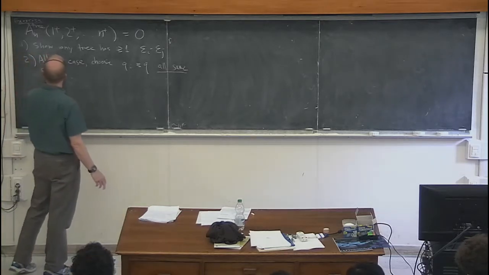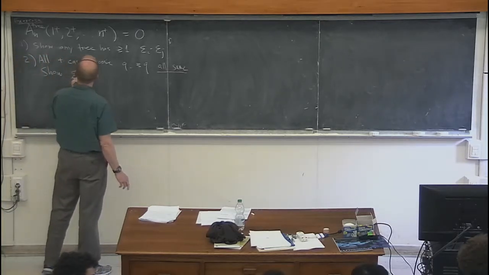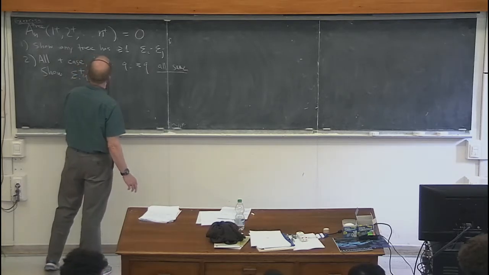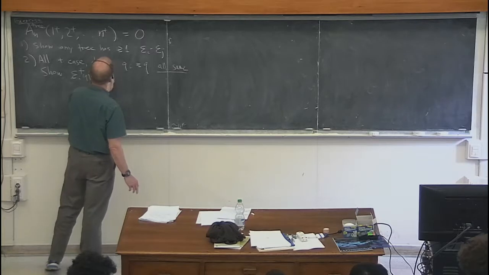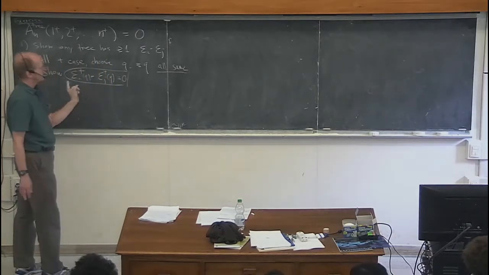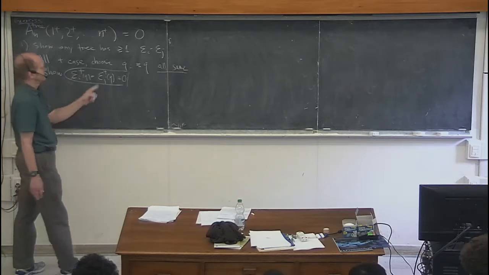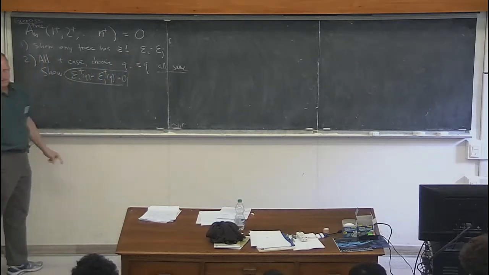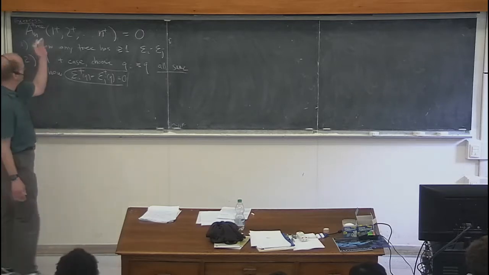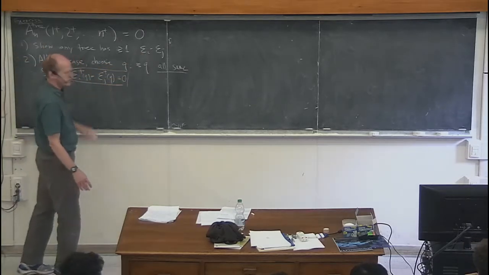And then show that epsilon i plus with that same spinor q dot epsilon j plus q is equal to 0 for all i and j. That combined with the first step proves what you want, because all these amplitudes have at least one of them and they're all 0.